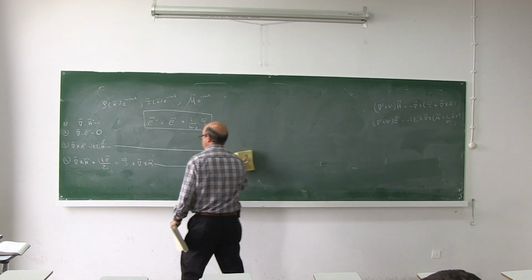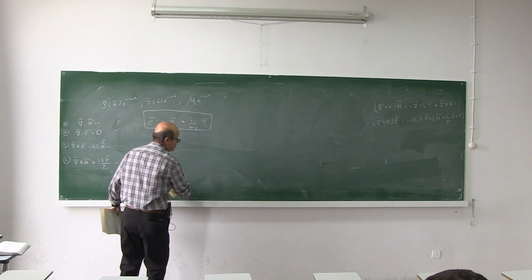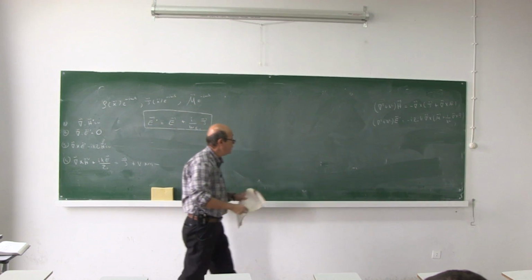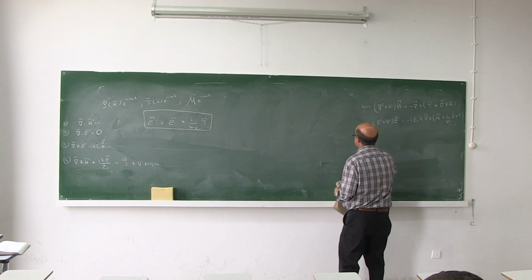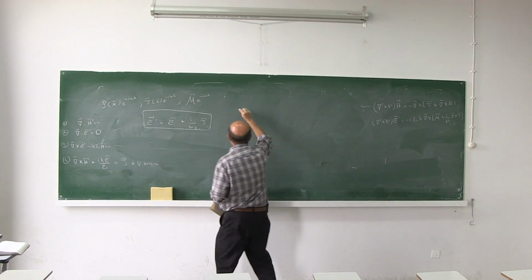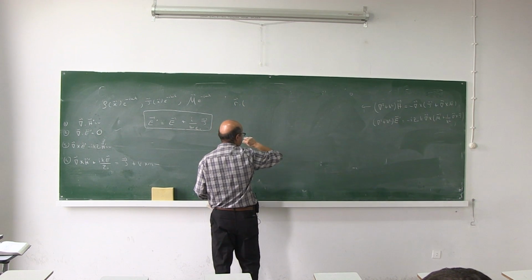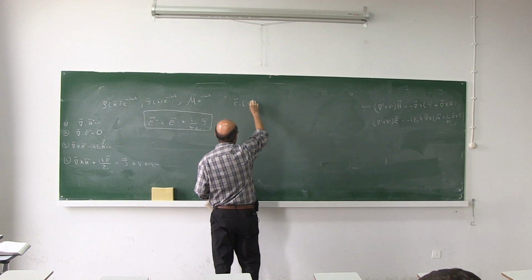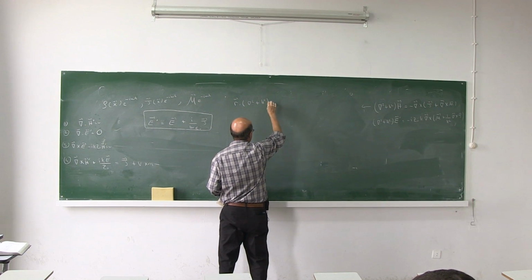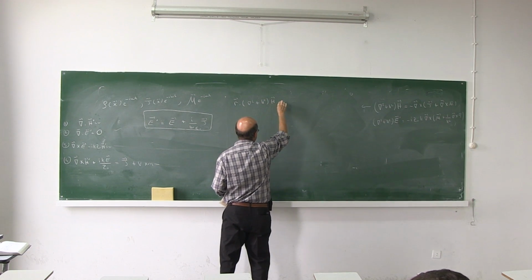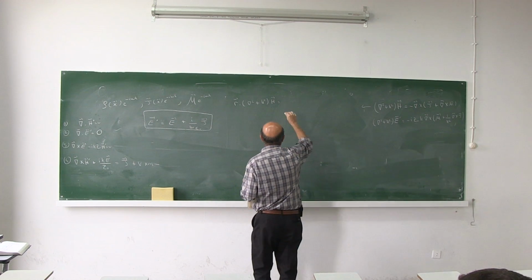So let us do the same thing that we have done last time. Let us take this term, for example, and take the scalar product with the R hat from the left, on both sides.